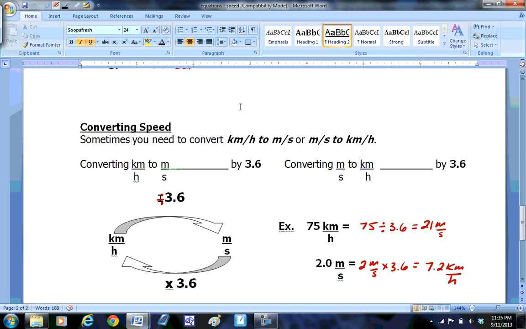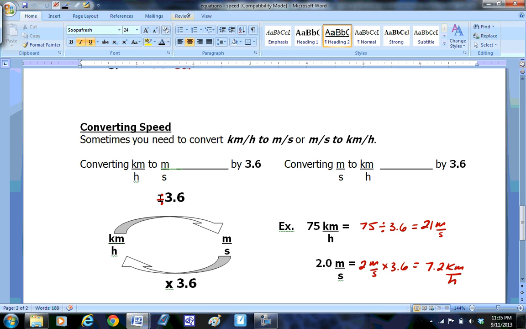What you should remember is that meters per second is always a small measurement. It's always smaller than kilometers an hour. Kilometers an hour is bigger than this. So if I want to go from kilometers an hour to meters per second, I have to get smaller, so I'm dividing. If I'm going from meters per second to kilometers an hour, I have to get bigger, so I have to multiply. So just think of it like that.